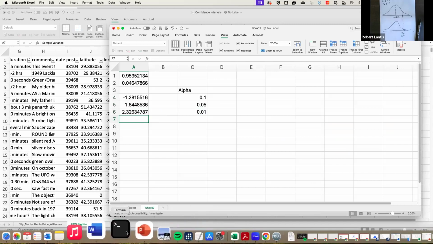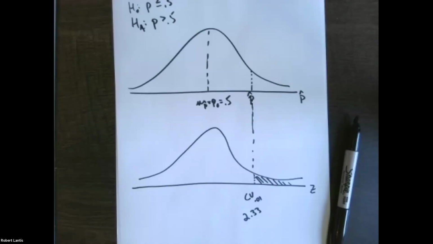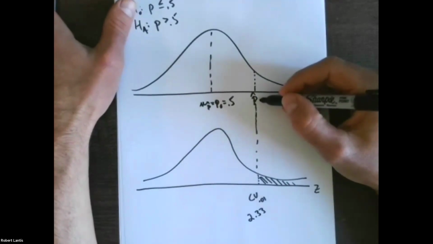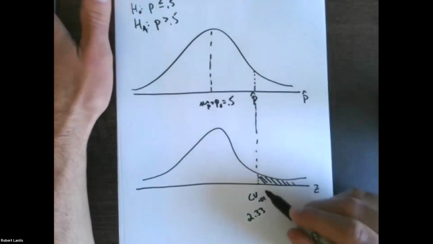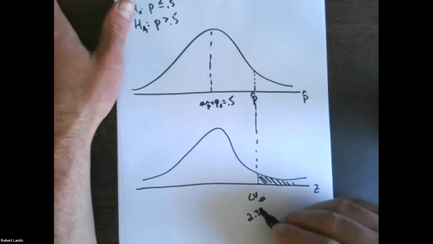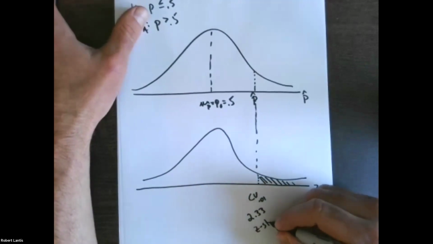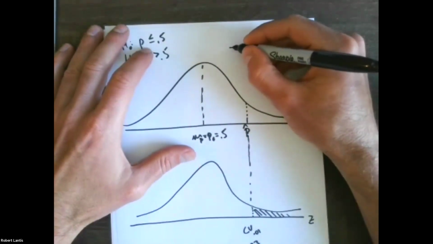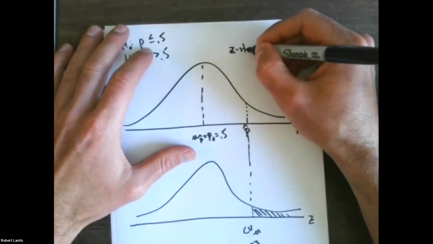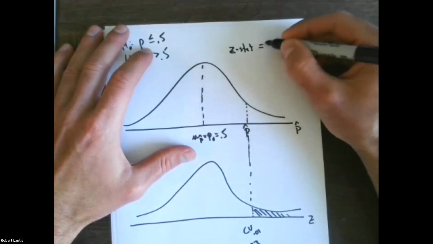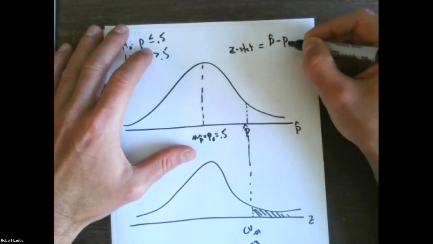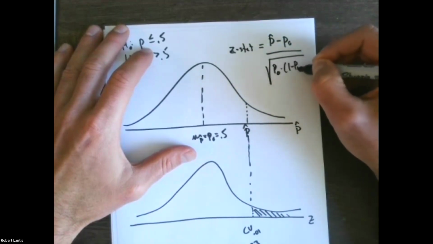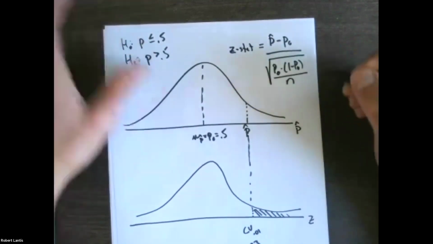All right. So I've got this critical value, and I know that there is some sample proportion that would give me that exact critical value, that exact test statistic of 2.33. So all I'm going to do is ask, what's my z statistic equation? Sample proportion minus assumed true proportion, divided by the square root of the assumed proportion times 1 minus that, divided by n.